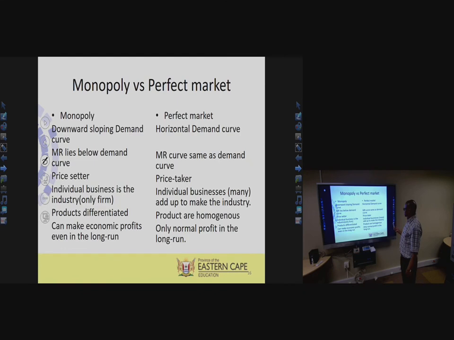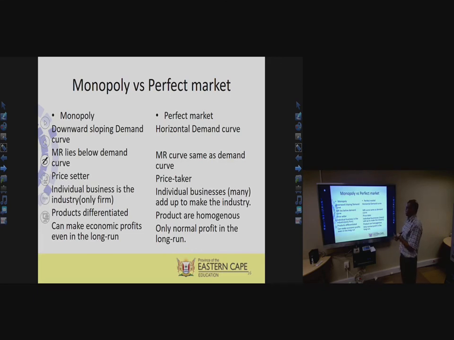But then we can look at the table, which says that in monopolies there is a downward sloping demand curve, but in the perfect market the demand curve was horizontal. The MR in monopolies lies below the demand curve, but the MR curve is the same as the demand curve in the perfect market.